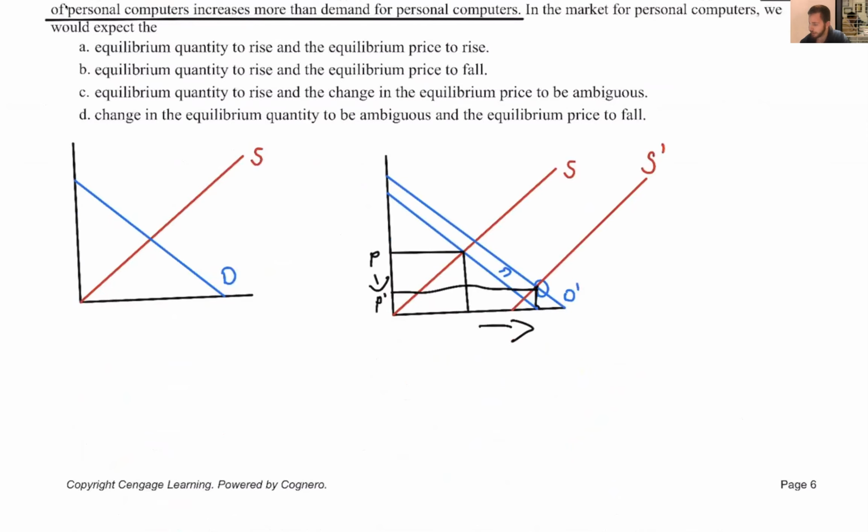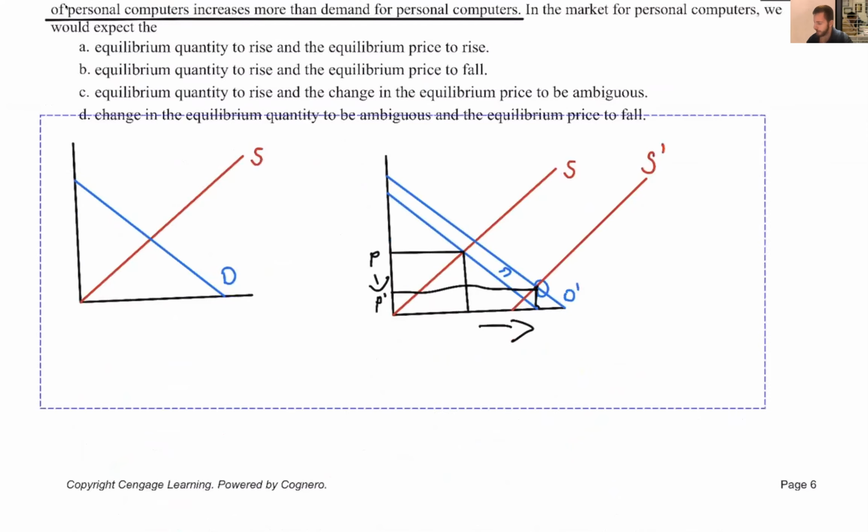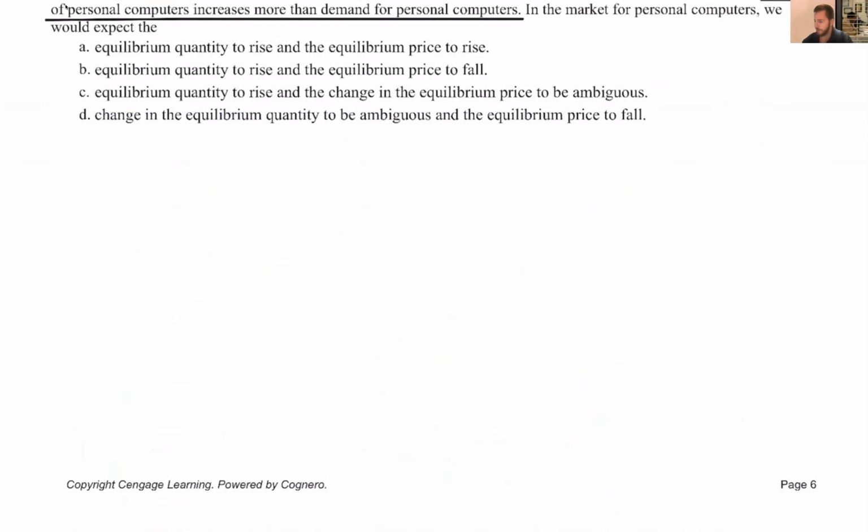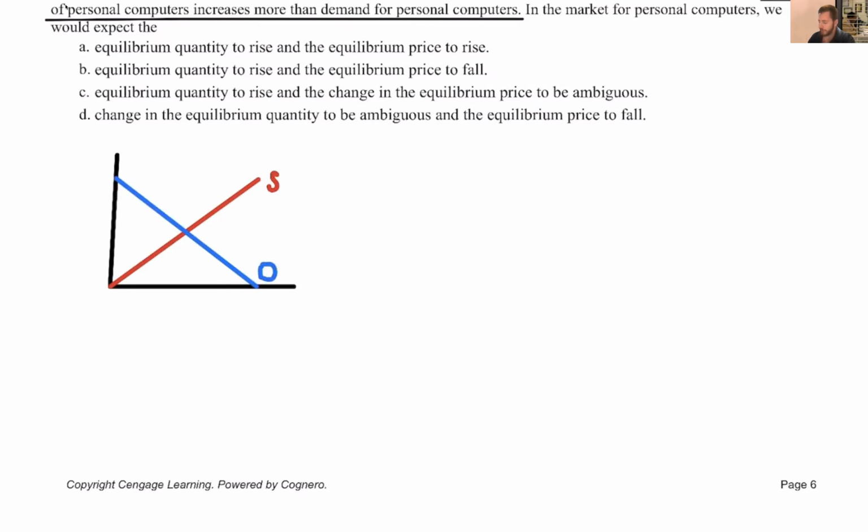Let me do this one again because I was kind of rushed on that one. So let's start off with the normal supply and demand. If demand increases, then we know the price will increase and the quantity supplied will increase.